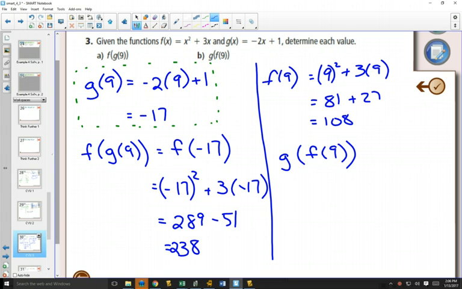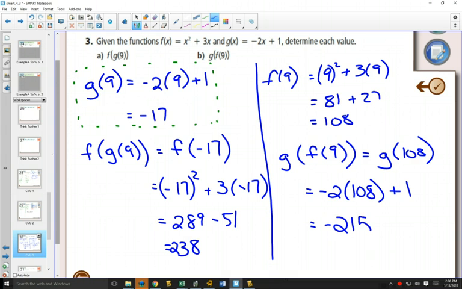That is equal to g of 108. And g of 108, what does g do? It takes whatever number you put in and multiplies it by negative 2, and then you add 1. So negative 216 plus 1, negative 215.